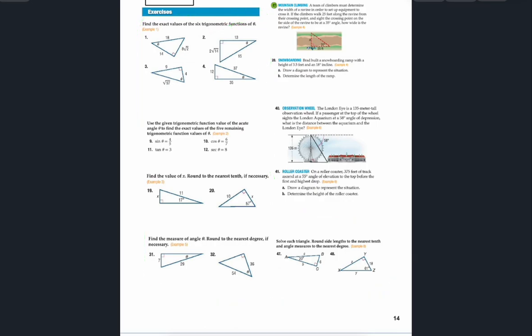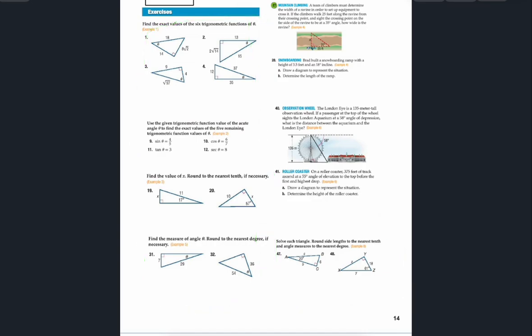Okay? So tomorrow, we're going to dive a little deeper into some word problems and applications of this stuff. For the remainder of the period, I want you to start your homework, and the ones with the green box around them, those are the ones that you're ready to go. You know how to do those if you follow my example.